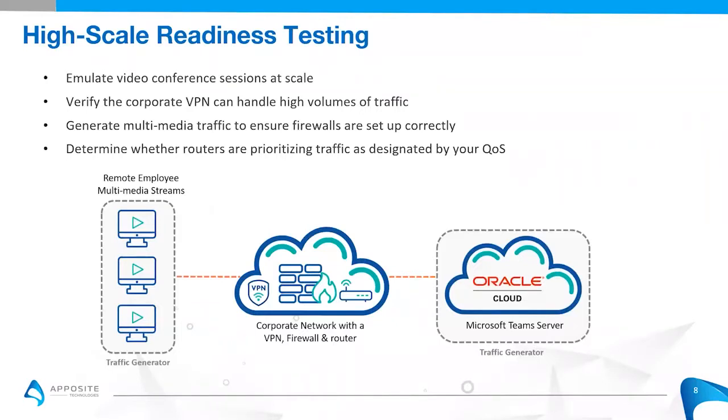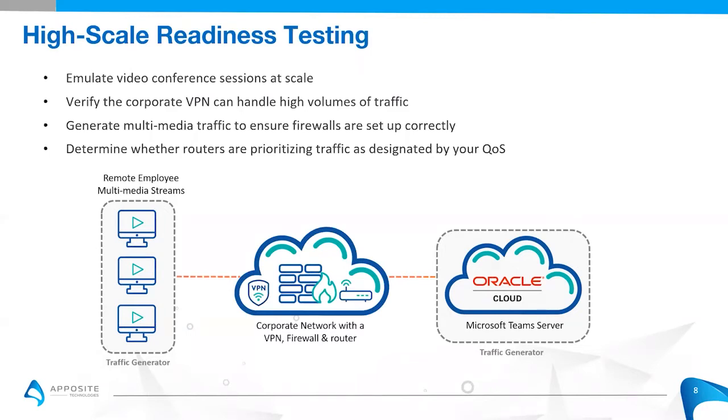The last use case I'm going to do is high scale readiness testing. So what is a readiness test? You need to verify your network is ready for prime time, right? So when you roll into production, everything runs smoothly and you don't have failures. Some of the things you're going to be testing: you can emulate video conferencing sessions at scale.